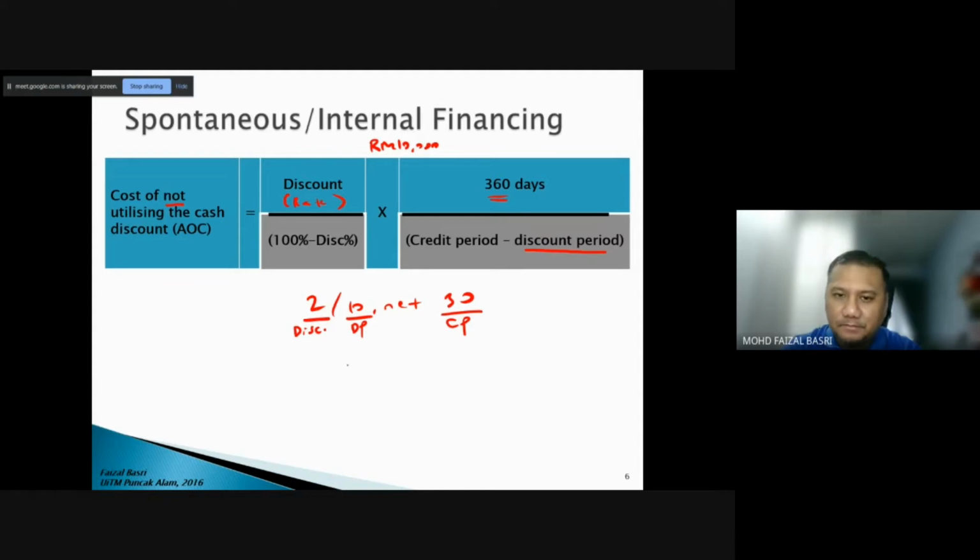Now, you have two options: whether to pay early in order to get the discount, or pay in full within 30 days. Let's say after you bought this from your supplier, you have an opportunity, for example, but you need 10,000 ringgit also for investment.